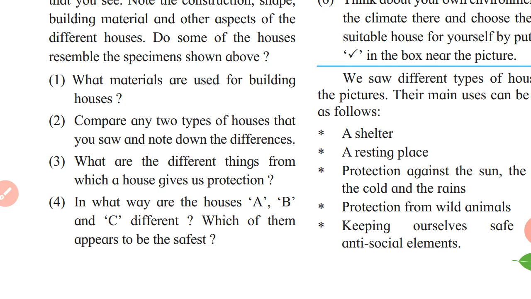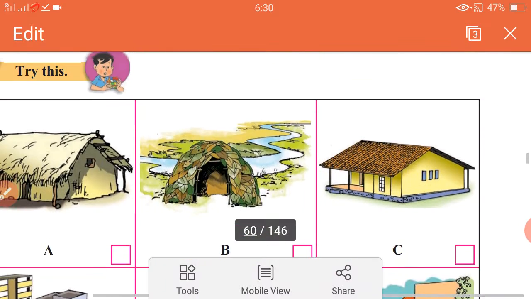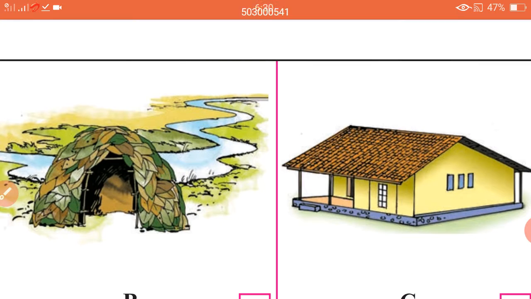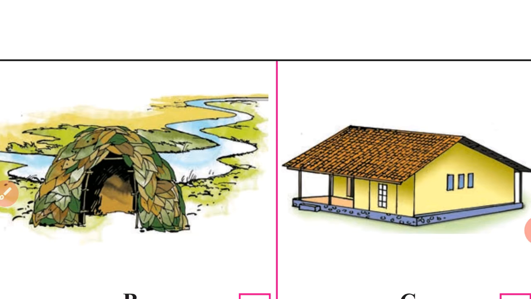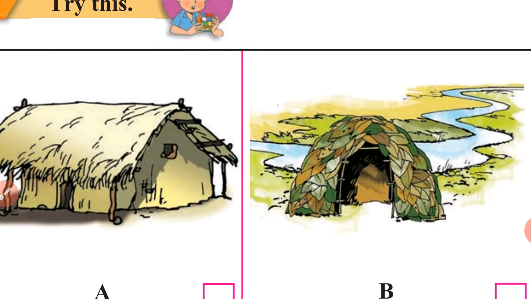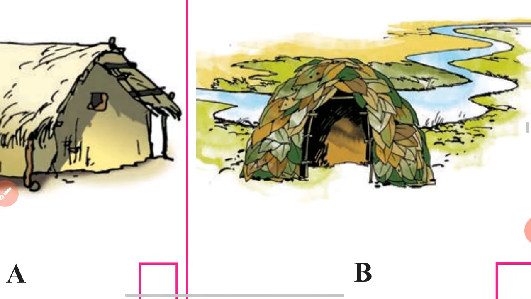C is the safest one because you can check the roof. See, you can check the roof. We can say C is called a pakka house, right? Because you can see A and B are kacha houses. They are made up of grass and leaves. As you can see, A is made up of grass and B is made up of leaves.